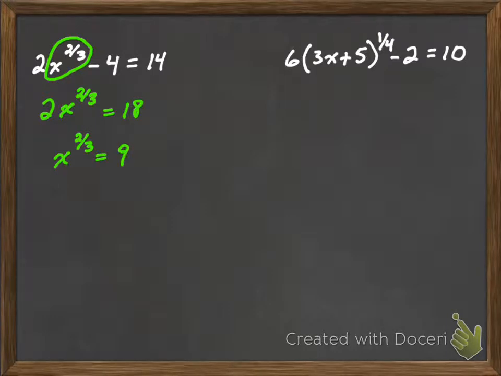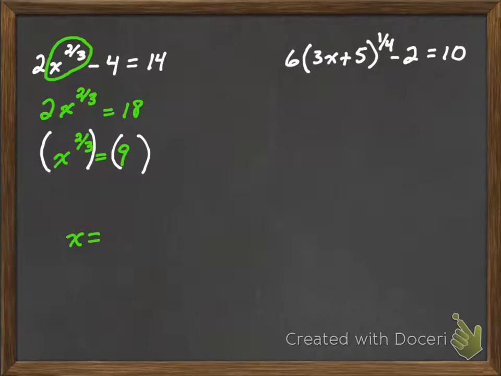Now to solve this, remember when you have an equation, you can do just about anything to the equation as long as you do the same thing to both the left side and the right side. Our goal is to get down to simply x equals some number. What that means is we need to get rid of this exponent. We can get rid of it by raising this to the reciprocal power.